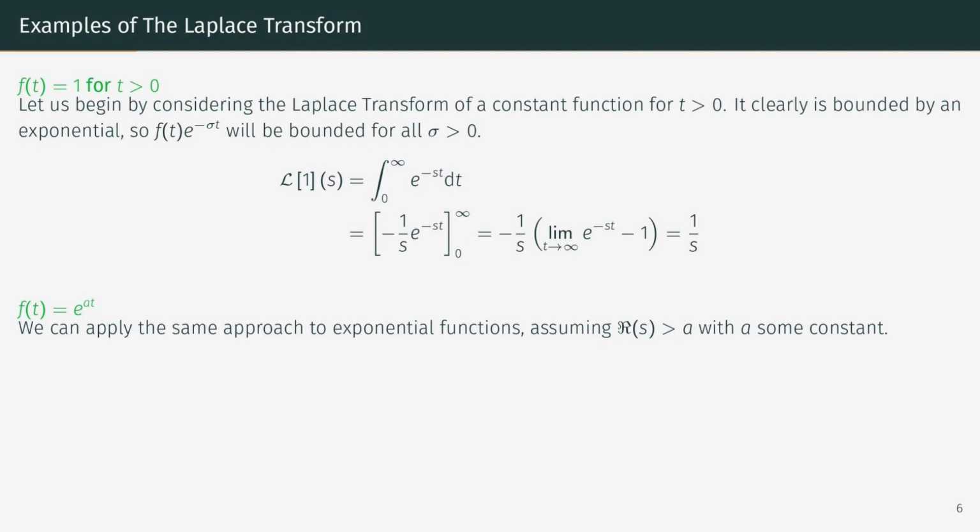We can apply the same approach to exponential functions. So let's consider the function f of t equals e to the at, assuming that the real part of s is greater than a with some constant a.